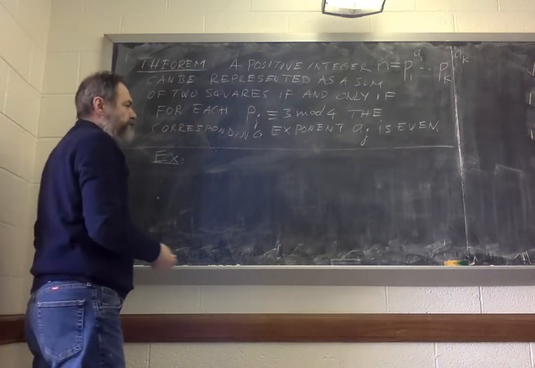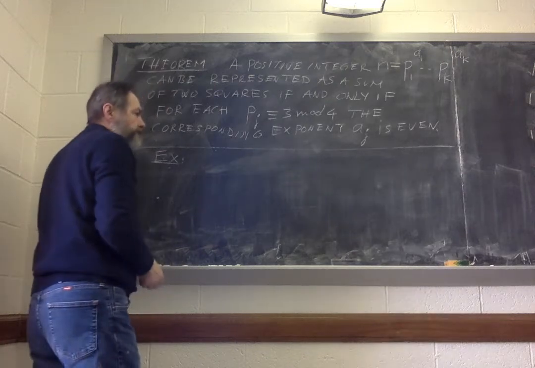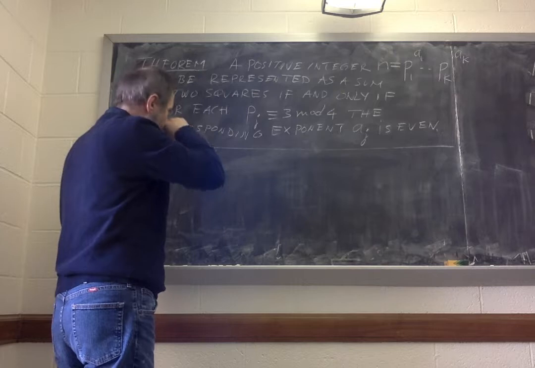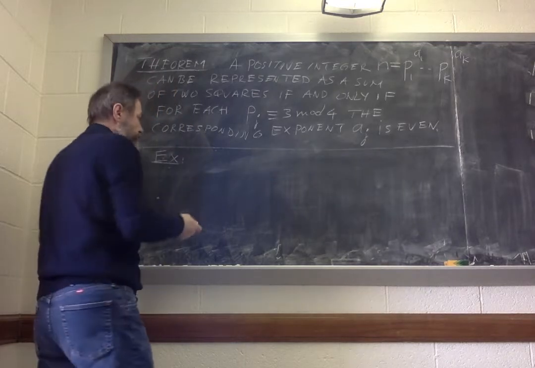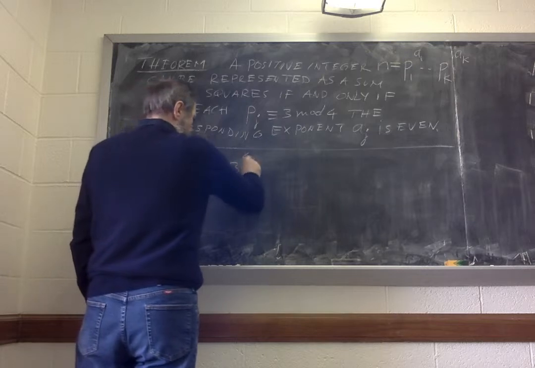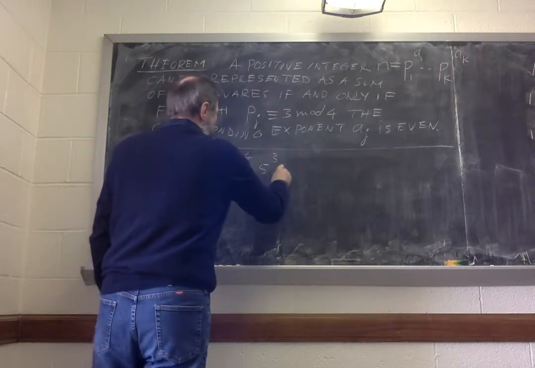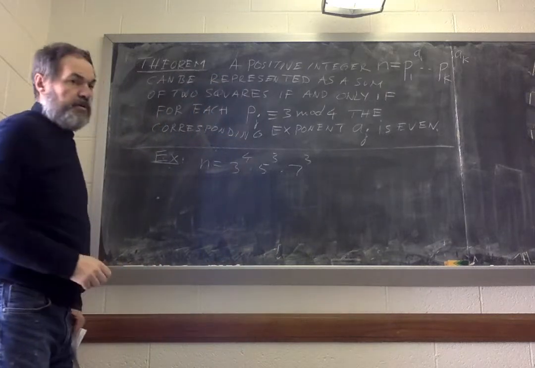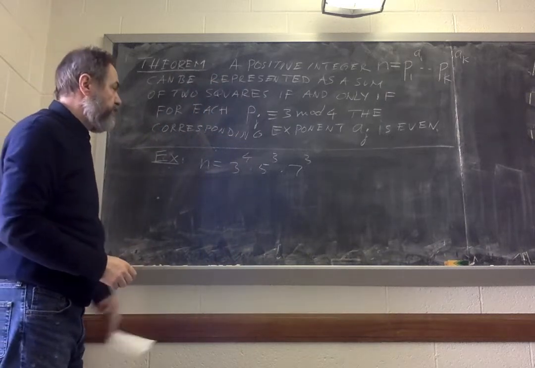Example: is this number a sum of two squares? Let's say n is 3 to the 4 times 5 cubed times 7 cubed. Is the number a sum of two squares?